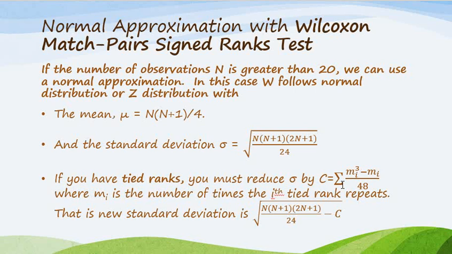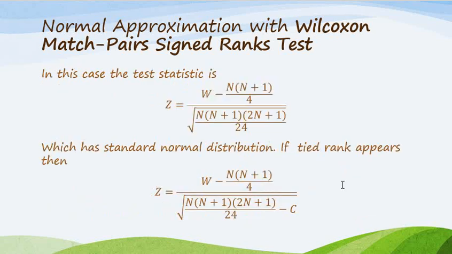So (2 cube minus 2) by 48 plus (3 cube minus 3) by 48, and that value is C. Whenever a tie occurs, we use the correction factor. You may have used this when you studied Spearman rank correlation. Similarly, the same C is calculated here, and Z is defined again as W minus mean by standard deviation.